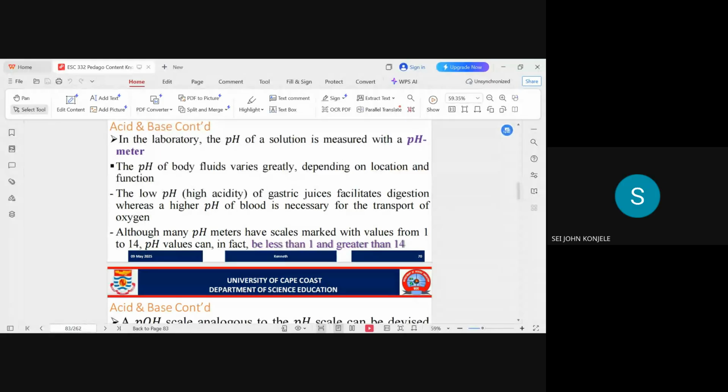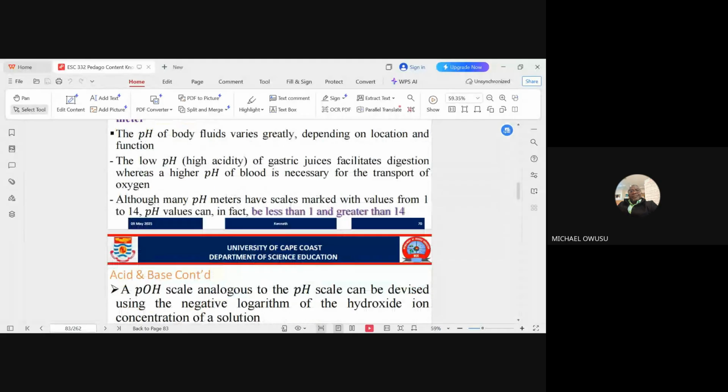Negative 0.6. Negative 0.3. Good. So it tells us that pH values can be less than 1. It can also be greater than 14. So that is what you have to have in mind. Don't go by saying that it should be within 0 and 14. It can go below that and above that.